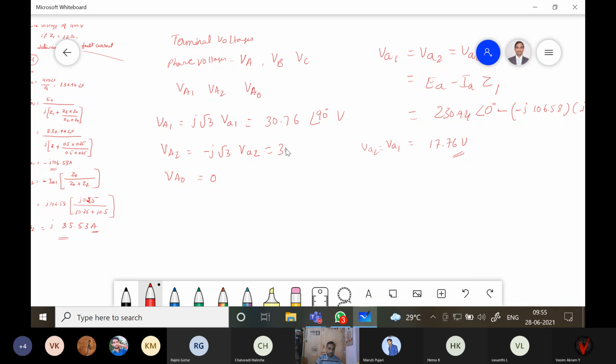That is 30.76 at an angle minus 90 degree. So j means 90, minus j means minus 90. And VA0 is 0 because the line component of zero sequence voltage is always absent.